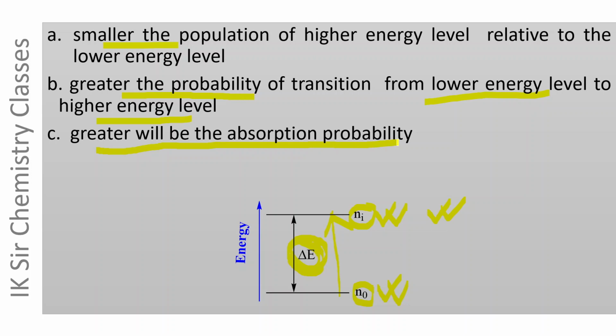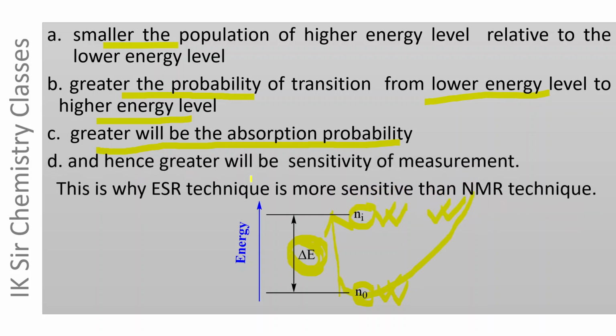That is, greater absorption of EMR will take place during this transition, and the greater will be the sensitivity of the measurement. If a greater number of photons are absorbed during the transition, the sensitivity of the spectrophotometric measurement will be higher. This is why the ESR technique, electron spin resonance spectroscopy technique, is more sensitive than the NMR technique.